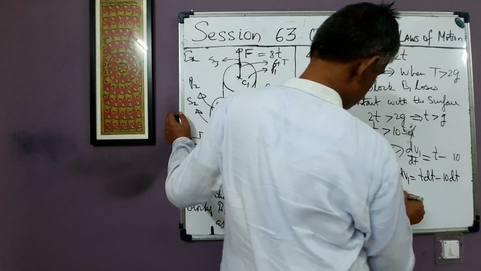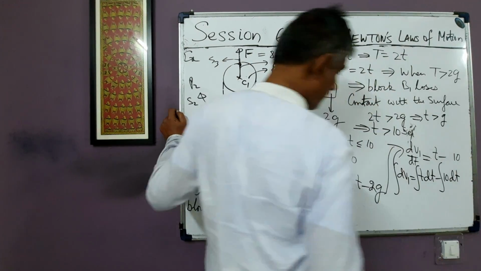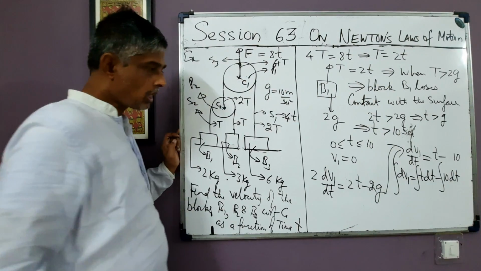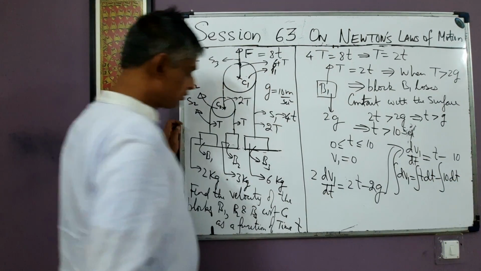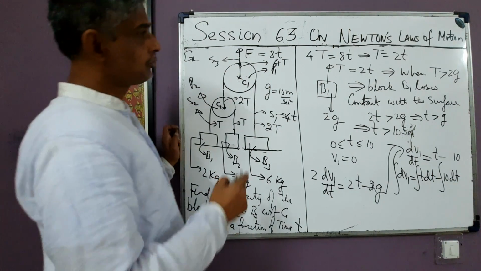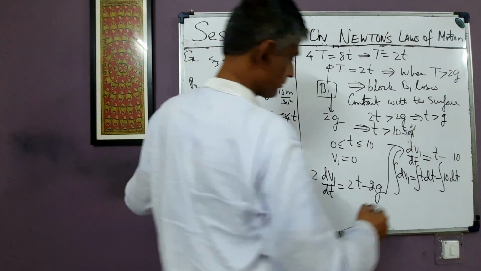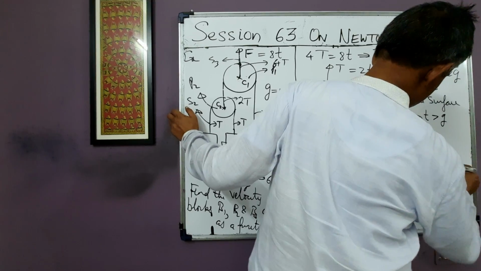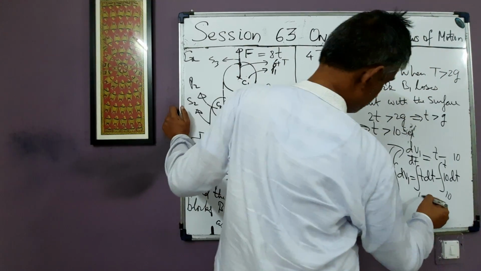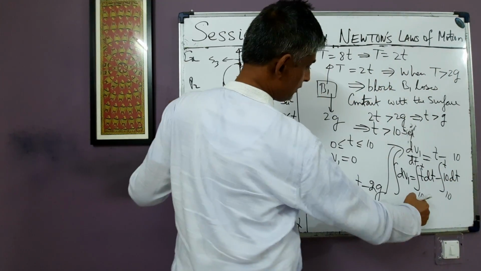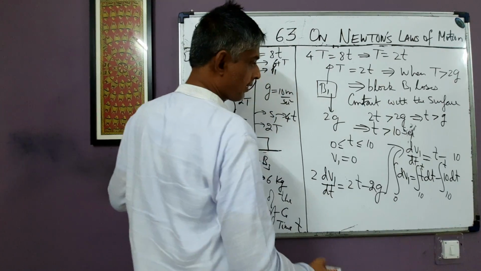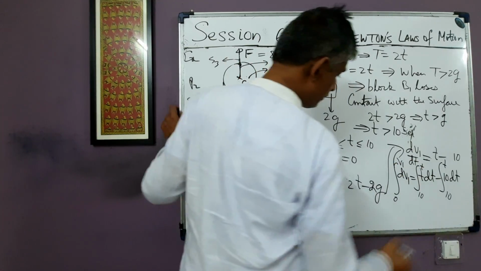Now integrate this on both sides with respect to time. What is going to be the lower limit of time t? It is going to be 10 seconds. Upper limit is t. Here also 10 to t. At t equal to 10, v1 is 0. At t more than 10, v1 is some value given.